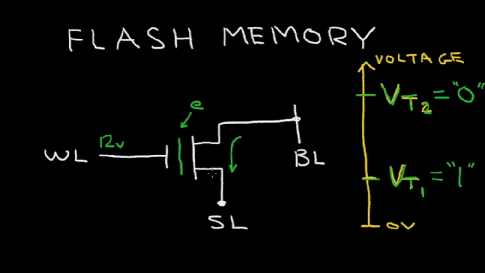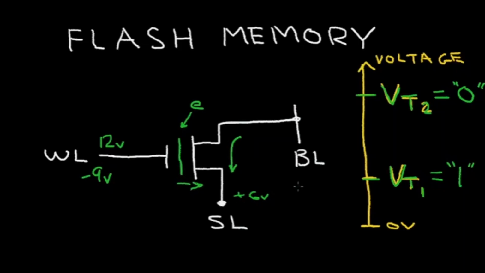Now this flash memory can be programmed many times. If I want to remove the electrons from this gate, I can set this gate voltage at a negative voltage, perhaps minus 9 volts, and I can raise this source line up to a high voltage, perhaps plus 6 volts, and I can remove the electron charge from the gate and transfer it over to the source region.